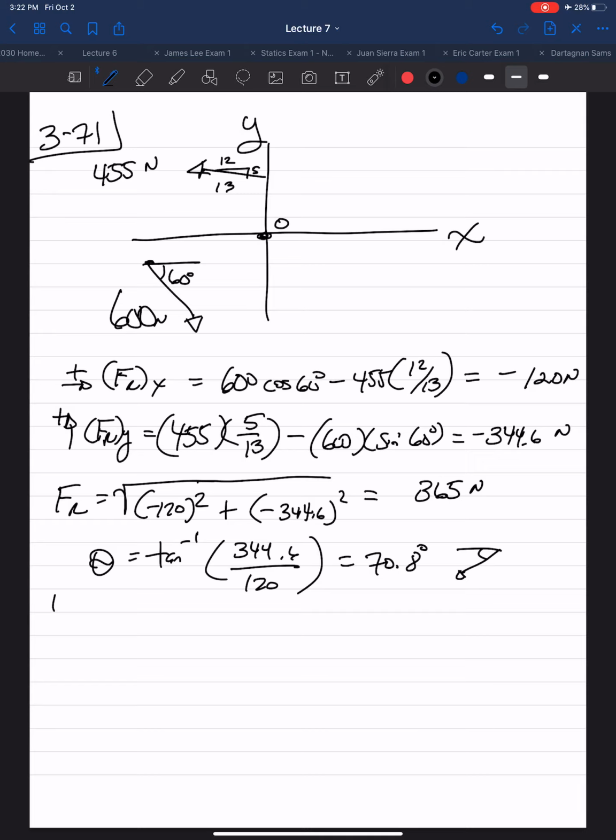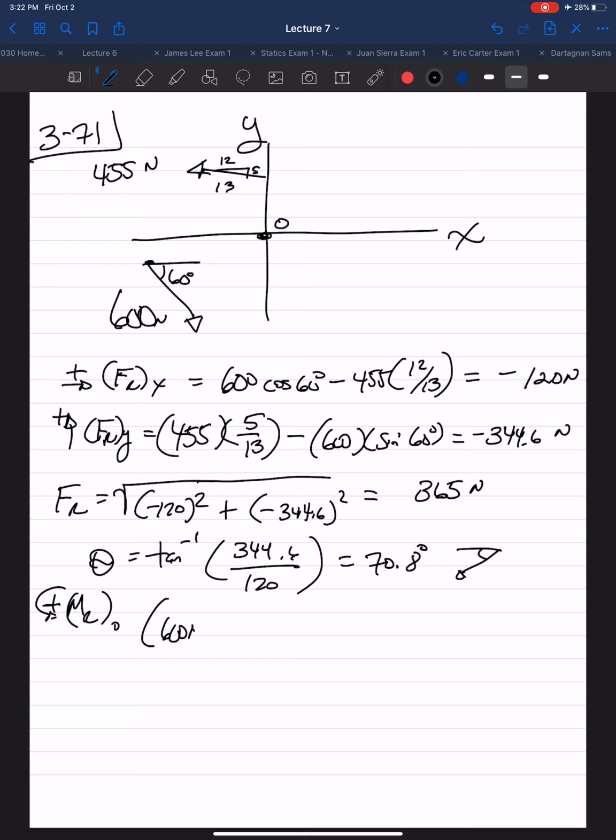Our resultant moments, once again, no couple moment was given in the system, so we just have to determine the moment caused by the forces about point O in this system. So for the 600 newton force, the vertical leg will be sine.